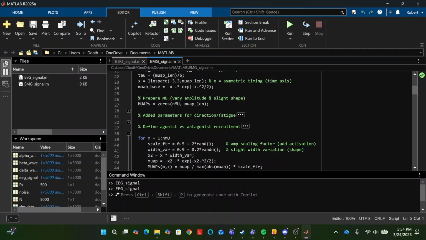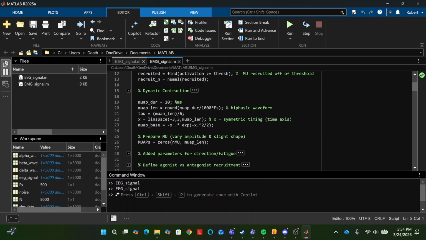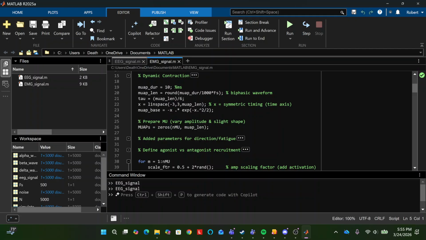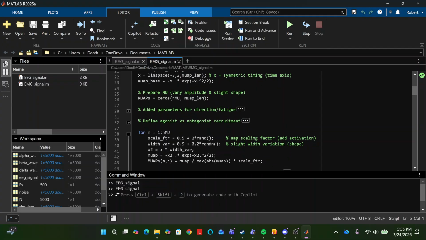So what we're looking at is the length. These motor units have a shape, and that would make sense because of the muscle. Every muscle has a different shape. And we're also going to consider the amplitude, which is the number of motor units that we're looking at.